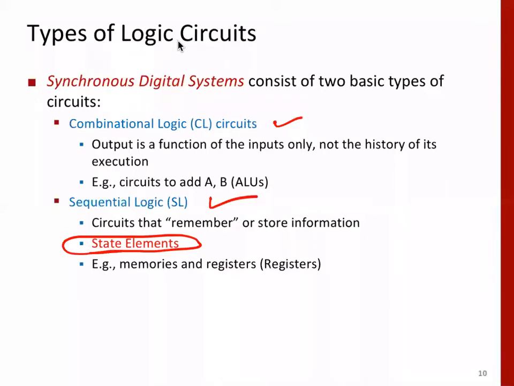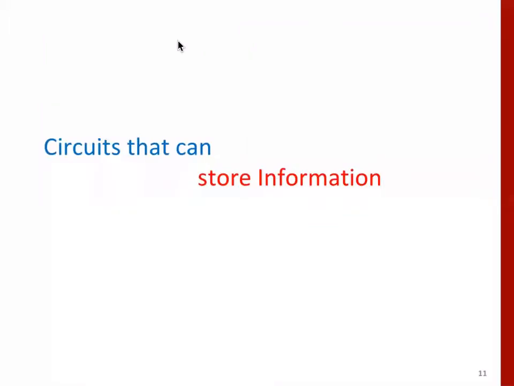So these state elements are registers and memories. Okay, all right. Any question up to this point? You would have done this course, right?